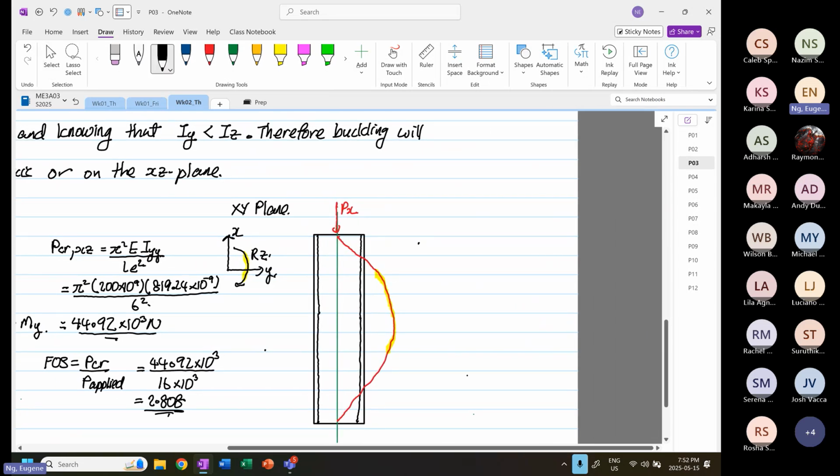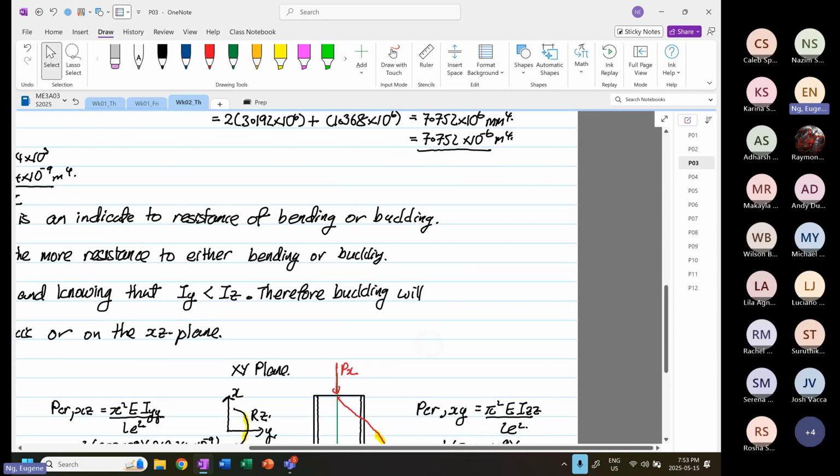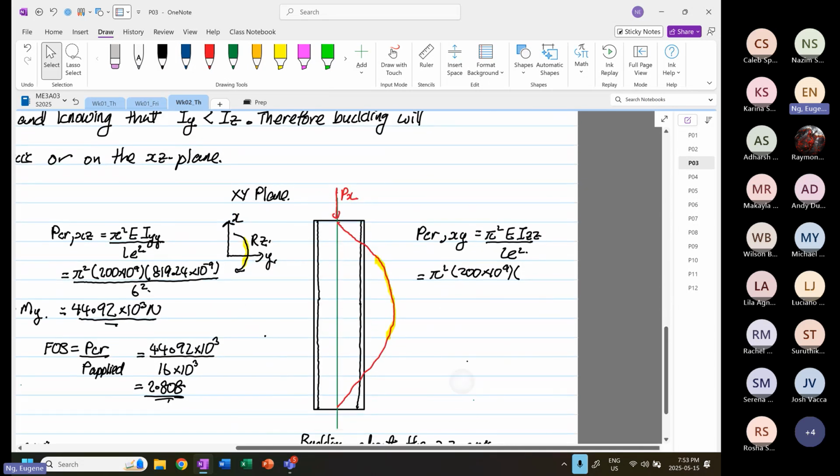Now, if we were to do the other plane, which I want you to compare, over here we have PCR on our XY plane. This will be equal to pi squared E multiplied by IZZ over LE squared, so pi squared times 200 times 10 to the power 9, multiplied by 7.752 times 10 to the power minus 6.